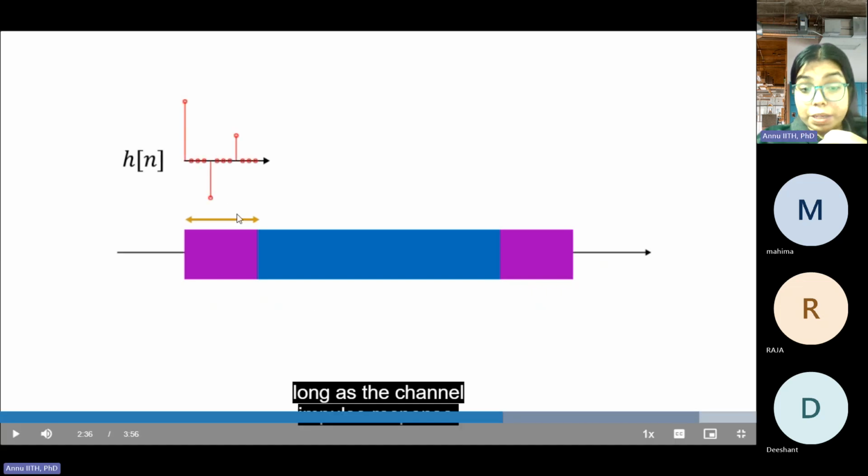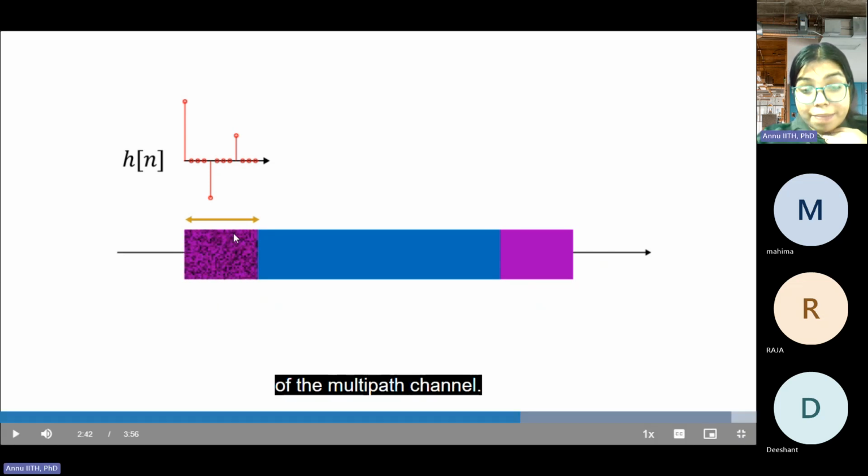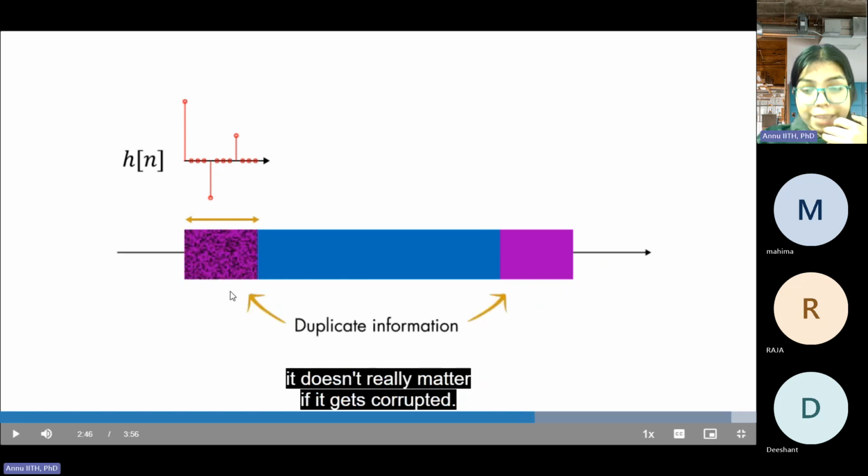Now you have to make sure that the cyclic prefix is at least as long as the channel impulse response because of the multipath fading. Why? Because the cyclic prefix will be impacted by the time spreading of the multipath channel, so it should be at least as long as HN. But since it's duplicate information, it doesn't really matter if it is corrupted.